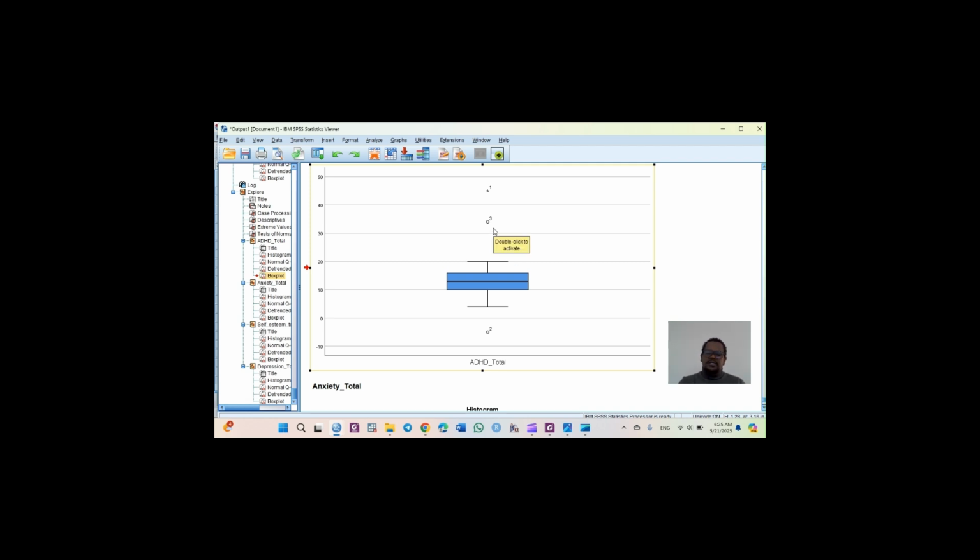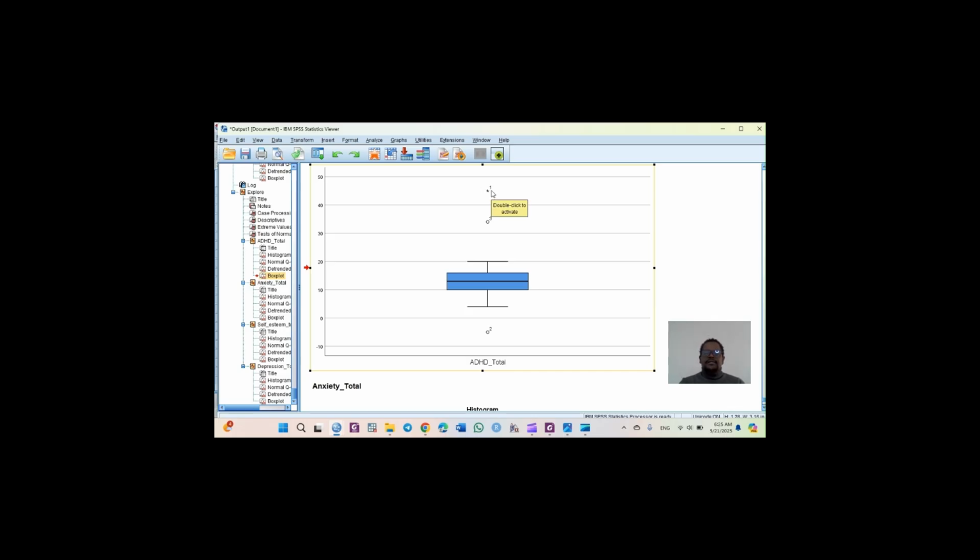Sometimes data entry might be wrong by error. For example, a person wants to write 15 and might write 45 by error. That might be corrected by checking the questionnaires or data entry.